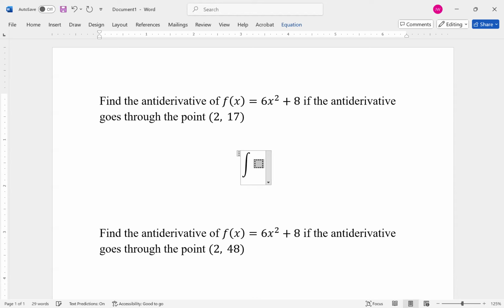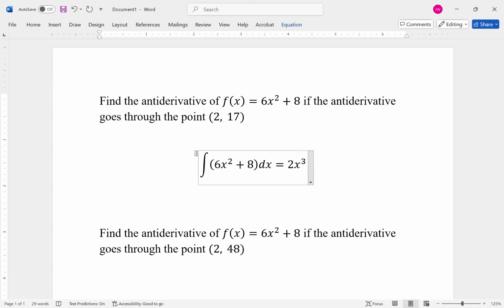Okay, so we start out by integrating 6x squared plus 8. And obviously we integrate that with respect to x. Using the rules we have gone through earlier, that's going to be x to the third divided by 3, and 6 over 3 is 2.